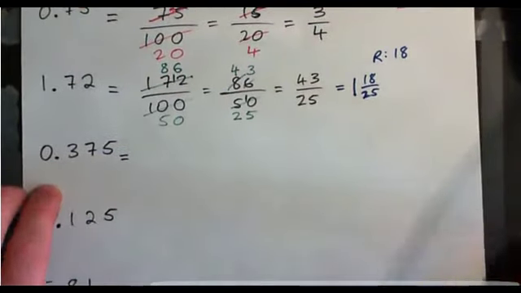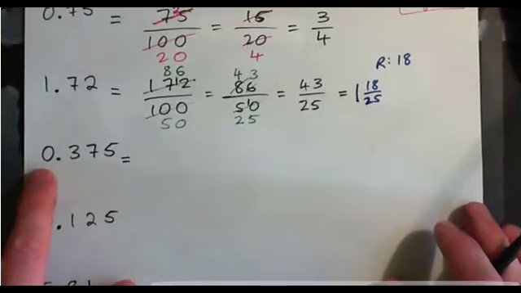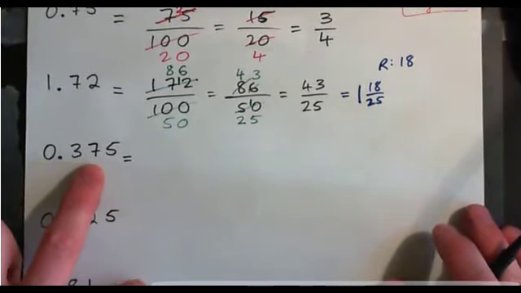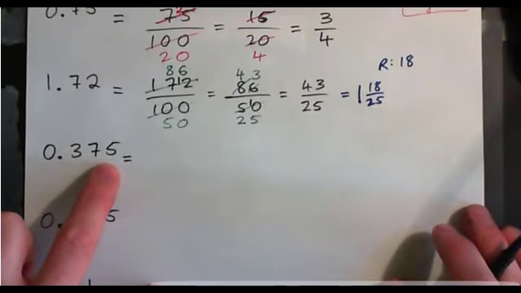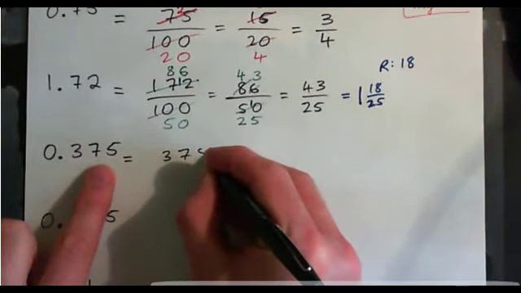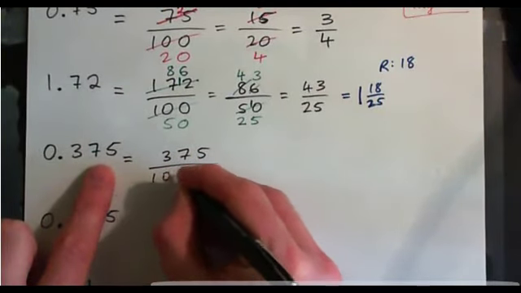0.375. What about this guy? It's got 0 units, 3 tenths, 7 hundredths, 5 thousandths. Or in other words, it's 375 thousandths, or 375 over 1000.